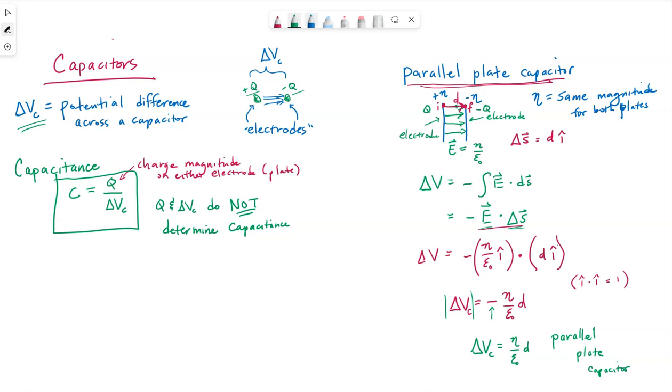Okay, so a couple words of warning here. This C is a variable, meaning it represents a specific characteristic of our capacitor. It specifically represents capacitance. Charge has units of coulombs, which we use capital C for as well.